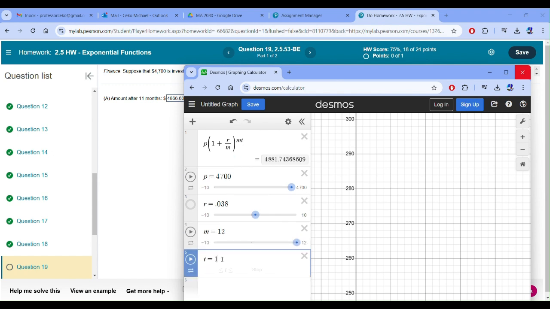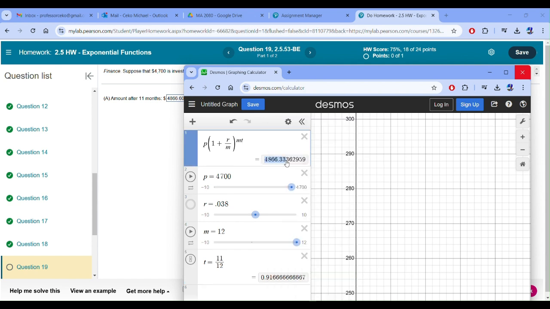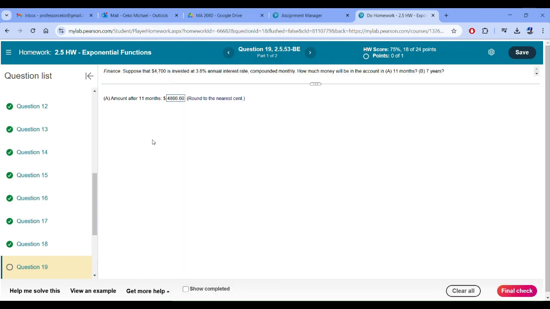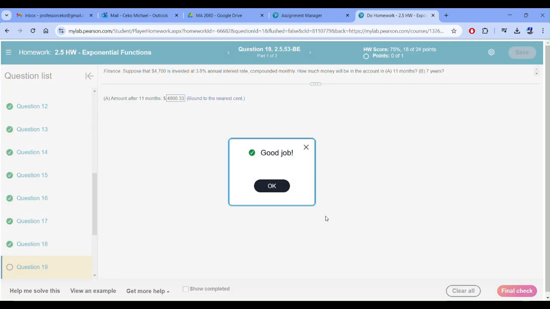My time is 11 out of 12. Which would then give me this. Dang. Copy. So that was 4866.33. I was off a little bit. Yep, a few cents and I was off.